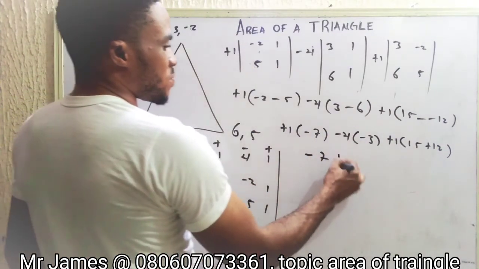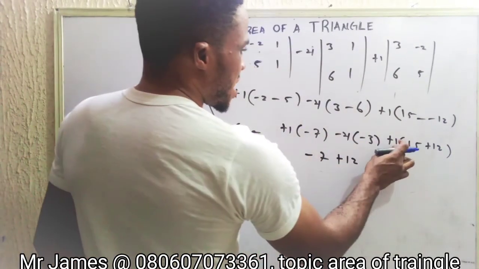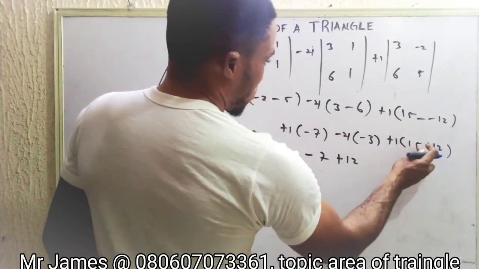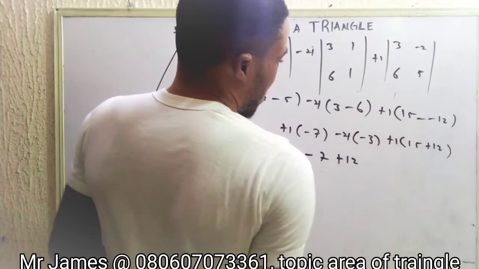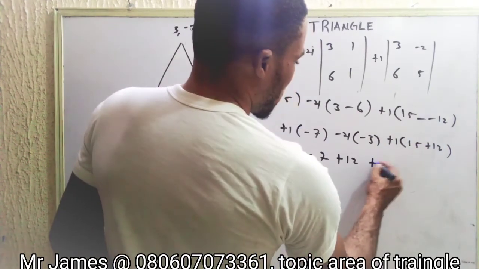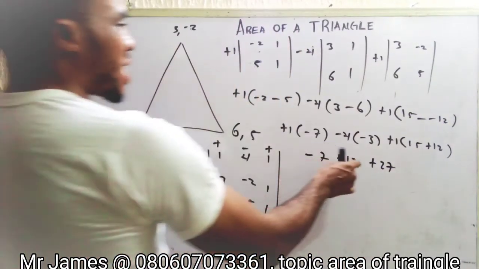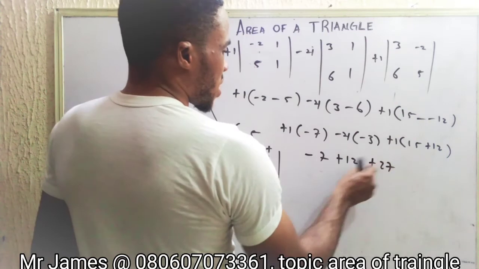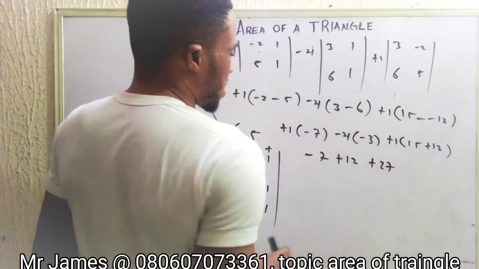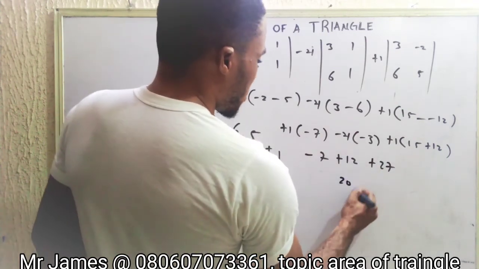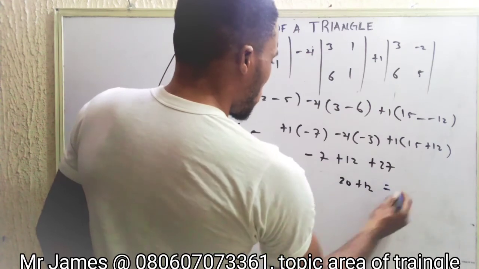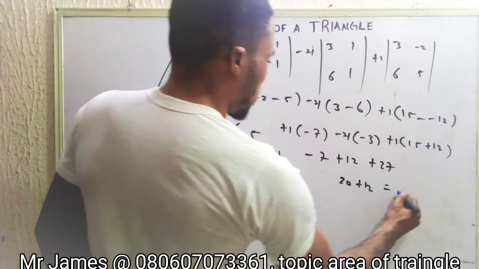This I have plus 12. 15 plus 12 is 27 in question. 27 plus 7 is 20 plus 12. This will give me 20 plus 12, so this will give me 32.